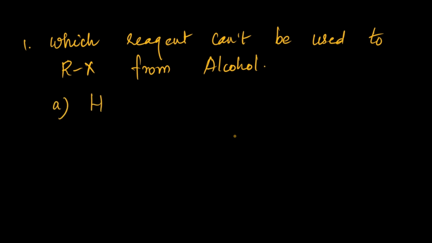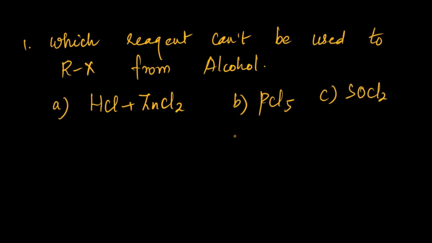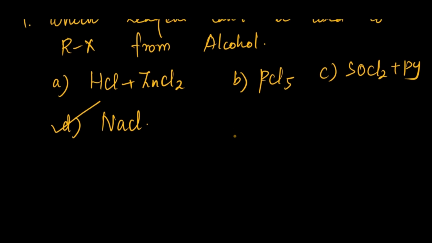The options are HCl with ZnCl2, PCl5, SOCl2 with pyridine, and D option is NaCl. We know that ZnCl2, I told you, is Lucas reagent. PCl5, we can do that. And SOCl2 is the best way to prepare haloalkanes. So the answer is none other than NaCl.